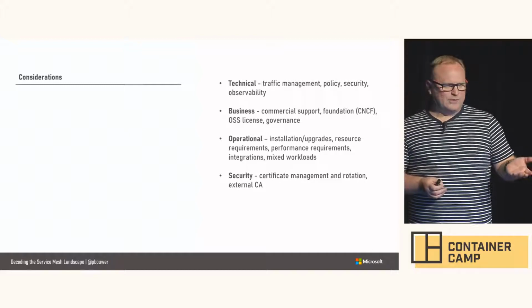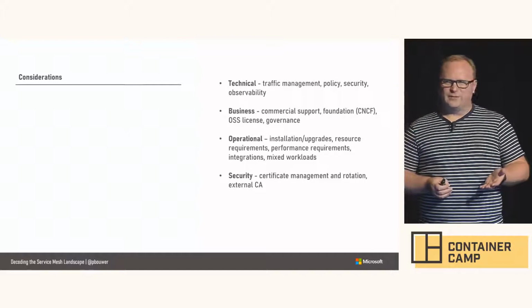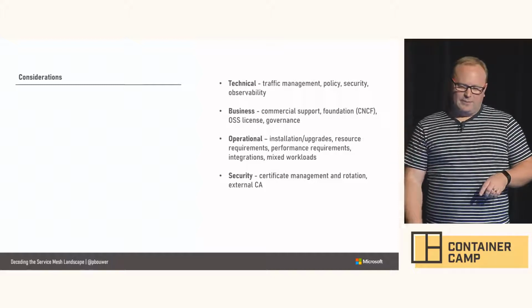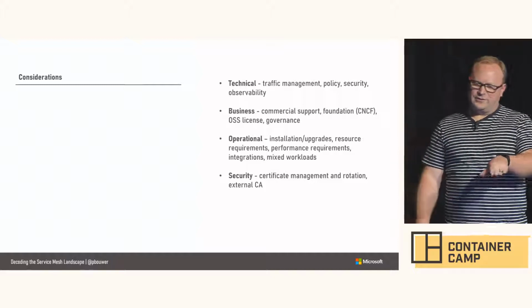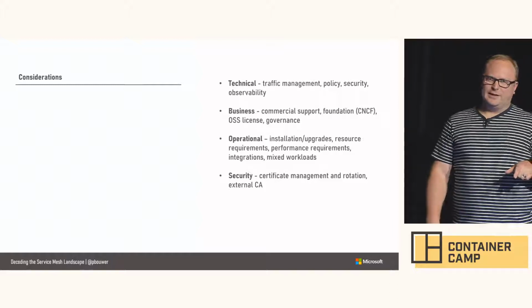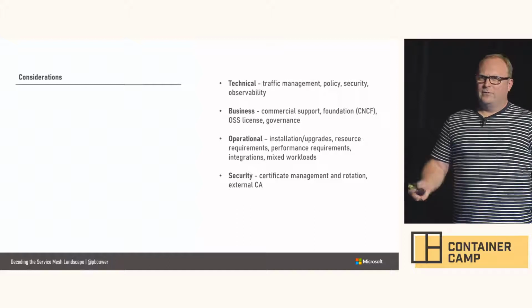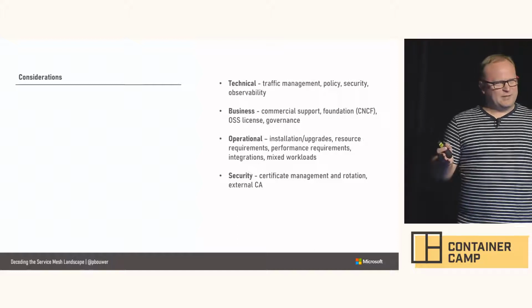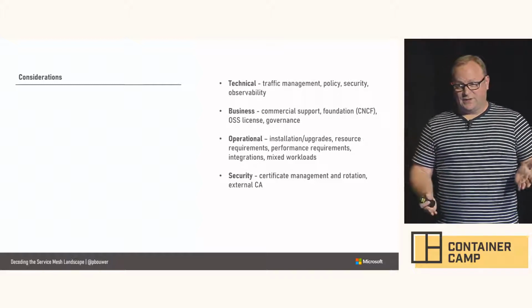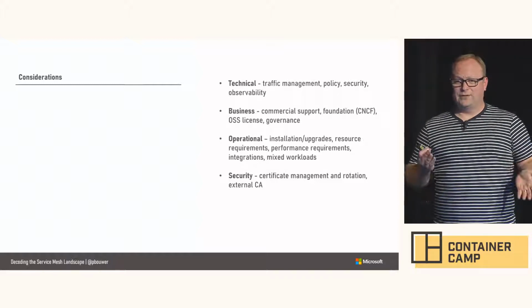HashiCorp's Vault can be injected into most of these environments to provide an external source of certificates, but just have a look at that. And also, management and rotation is important. Istio recently had an issue where people who had been running one of the latest releases, I think version 1, for about a year suddenly found all their certificates expired, and there was no way to rotate them.